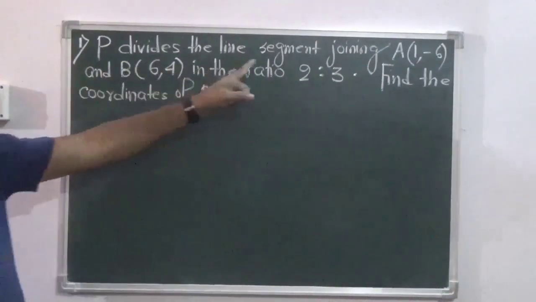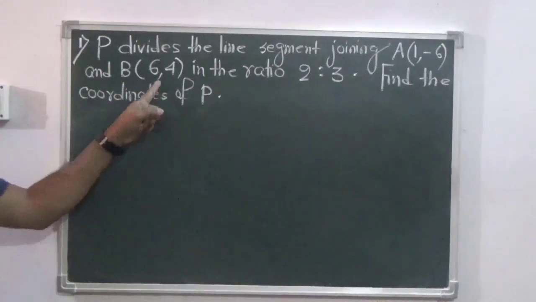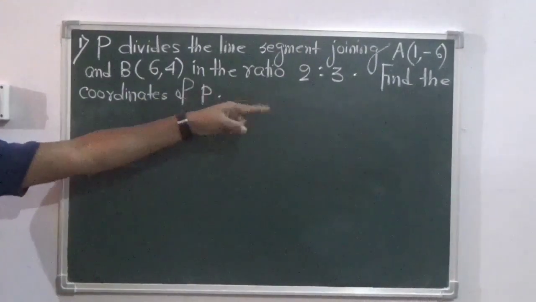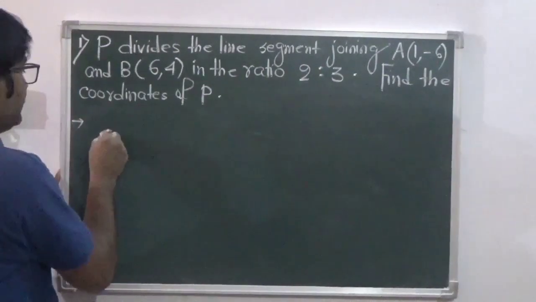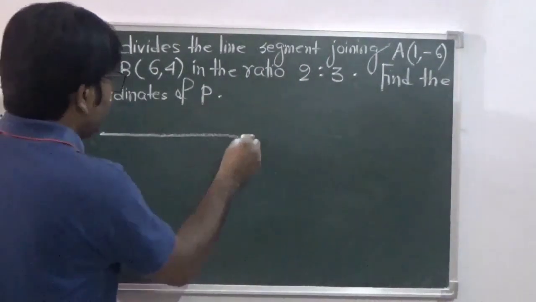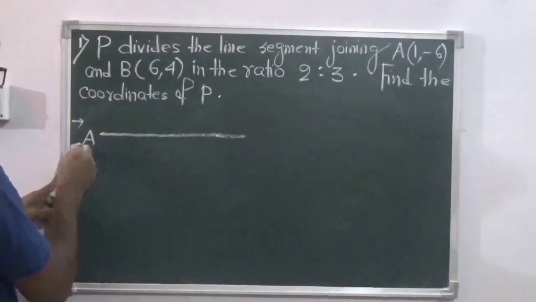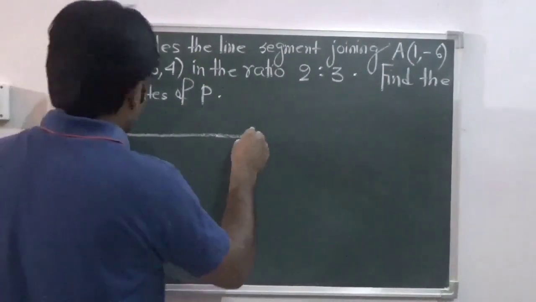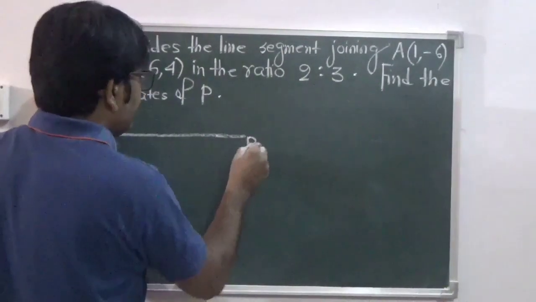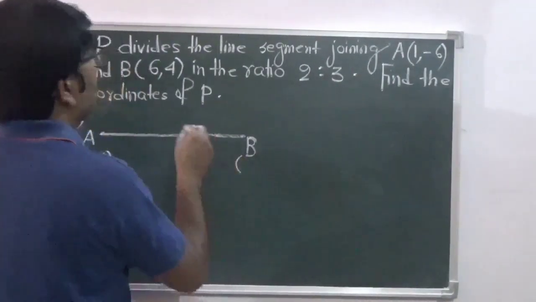P divides the line segment joining A (1, -6) and B (6, 4) in the ratio 2:3. Find the coordinates of P. So let us have the diagram first. The points are A and B. The point A is given by (1, -6) and the point B is given by (6, 4).